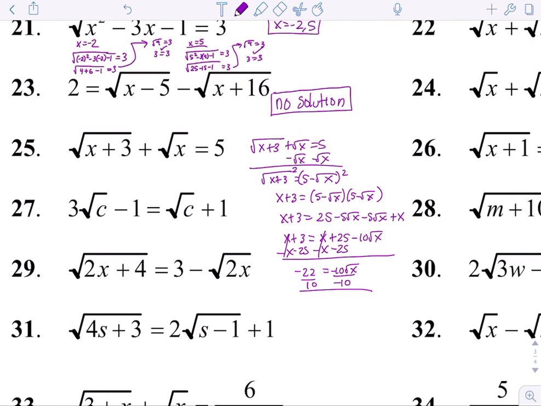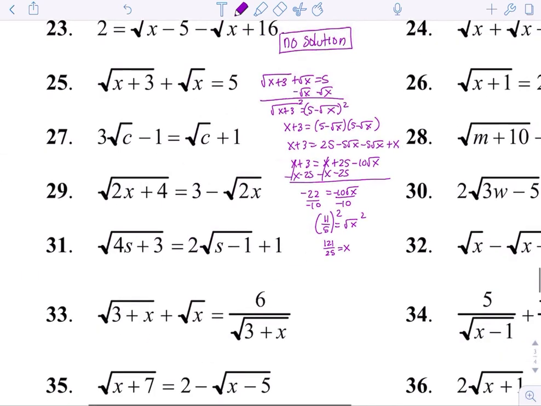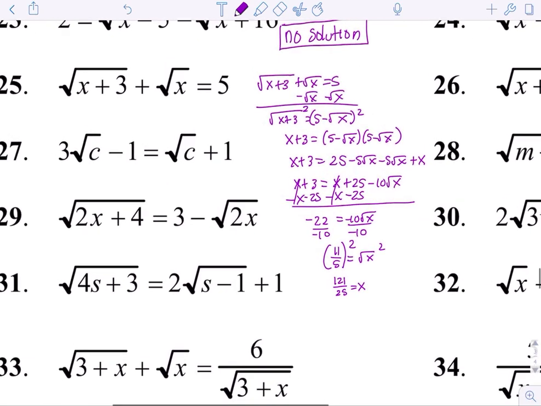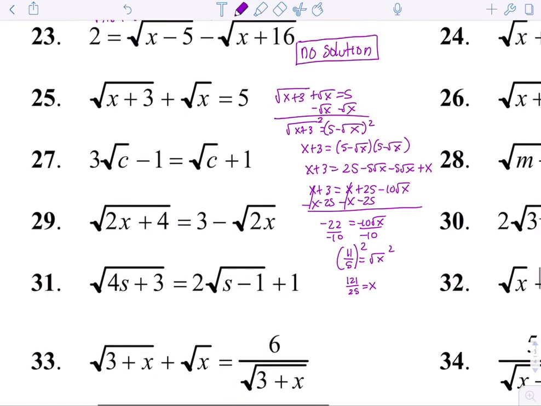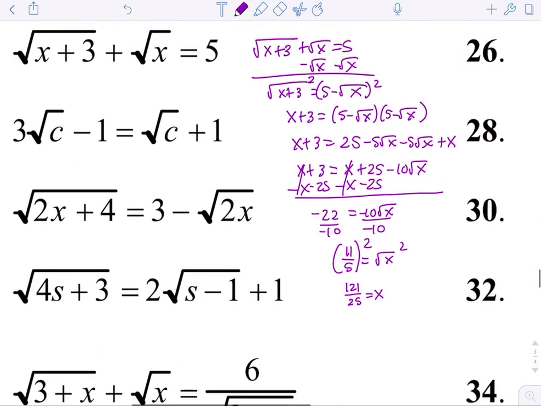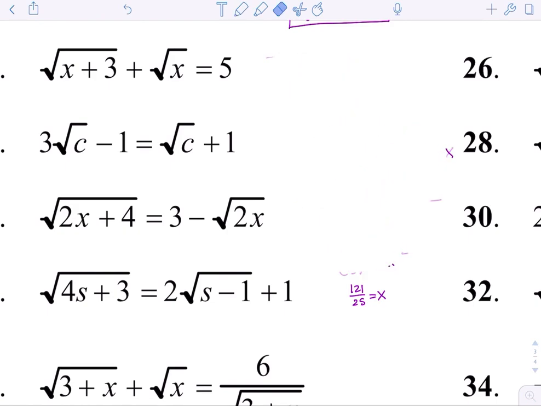So we get 11 over 5 is equal to rad x. Square both sides, and we get 121 over 25 is equal to x. And we substitute that in, and then you would get an answer. So there you go.